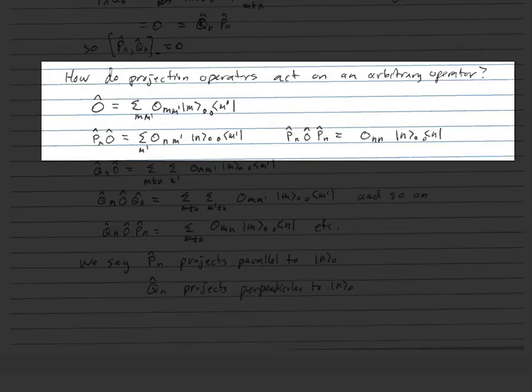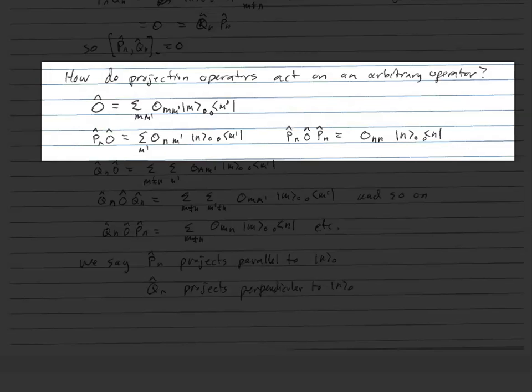Now, if I look at Pn acting on Ô, I'm going to project with that |n0⟩⟨0n| Ket-Bra product, and the bra ⟨n0| will hit the |m0⟩ Ket. That will give me a delta_{nm}, and so it will immediately become O_{nm'}.